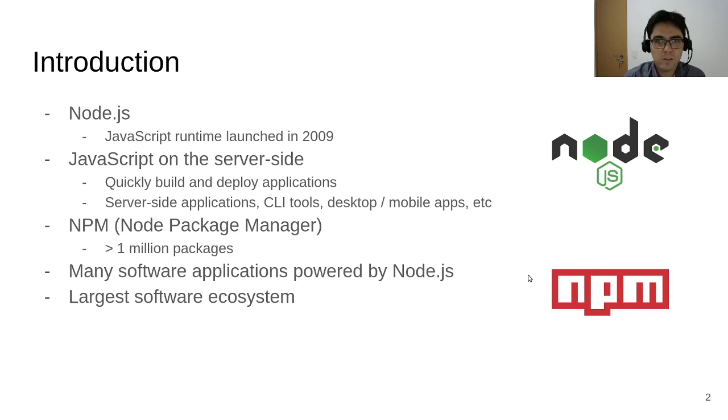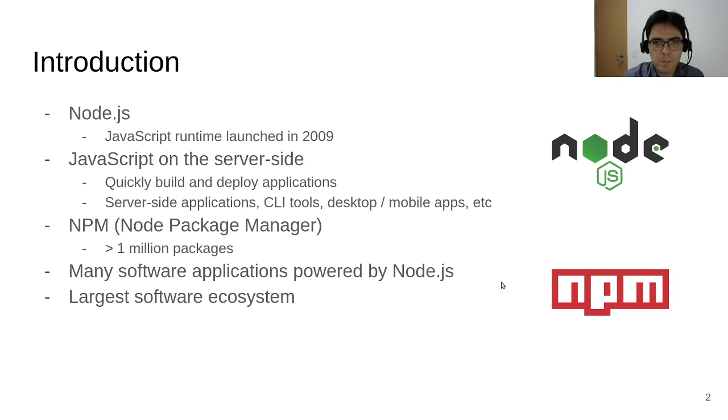This research is in the context of Node.js, which is a JavaScript runtime launched in 2009. Its main goal was to bring JavaScript to the server side, so that we can quickly build and deploy applications. With Node, it's possible to develop server-side applications, CLI tools, and support desktop and mobile apps, and so on.